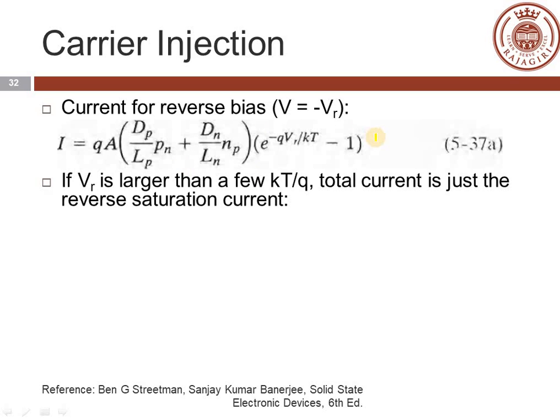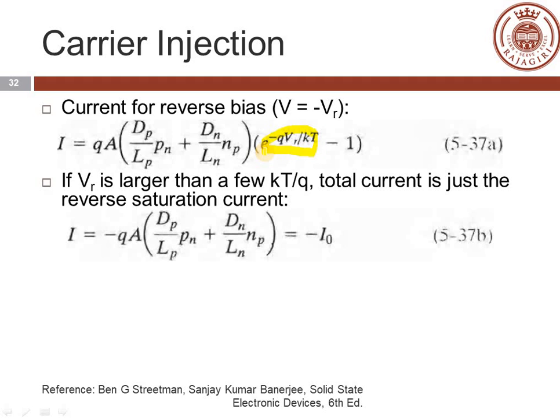That means we can neglect this exponential term if VR is very large. Then the total current will be almost minus I0, or I equal to minus I0.